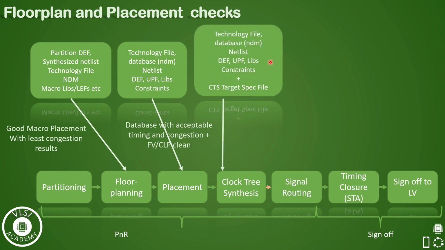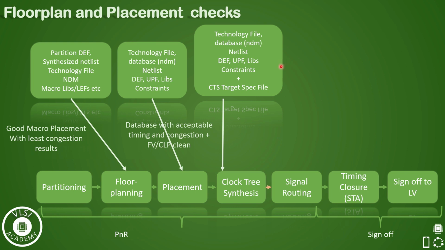And these are the CTS related inputs, and you can clearly see that almost all inputs are the same with respect to the placement, but there is only an addition of the CTS spec file, which we discussed in the next further videos also. So we have discussed a lot of topics in the CTS, and you can find that in the playlist of our VLSI physical design course series already.